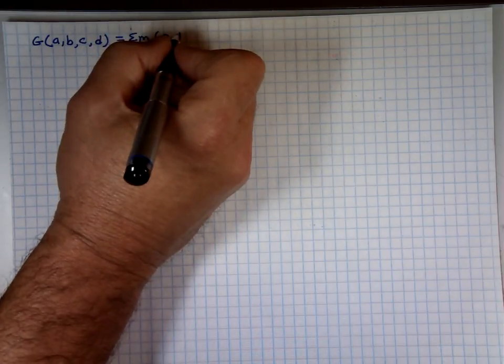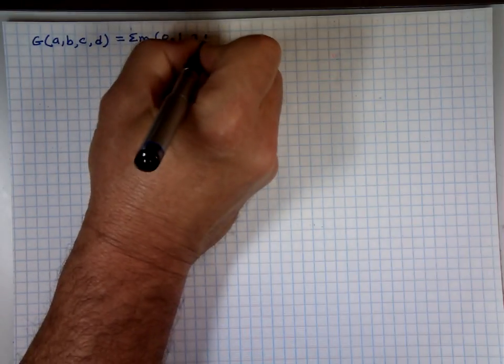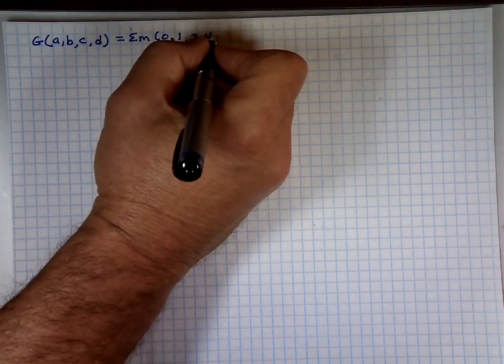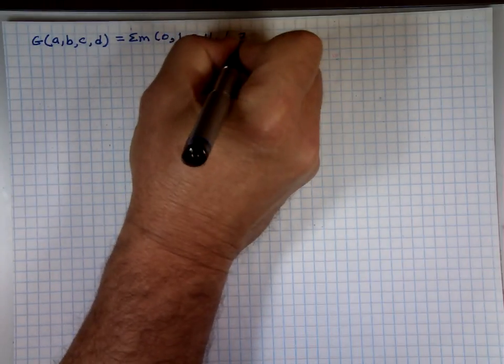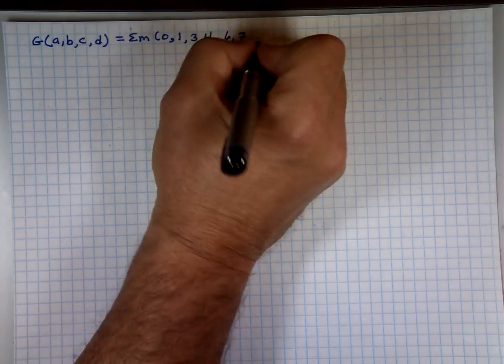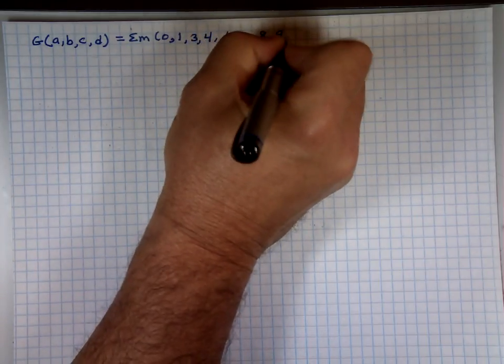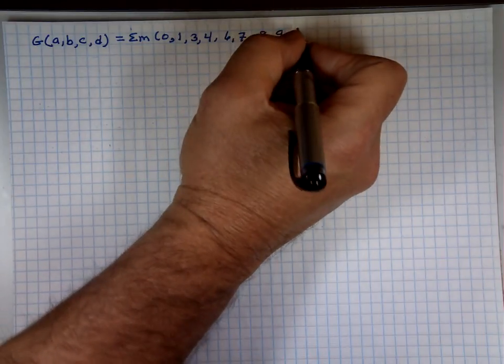I might hate myself at the end. 3, 4, 6 and 7. Lots of them. 8, 9, 11. 12, 13, 14, 15. Oh, God.